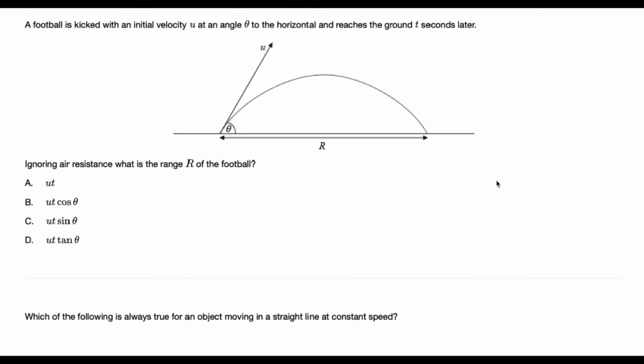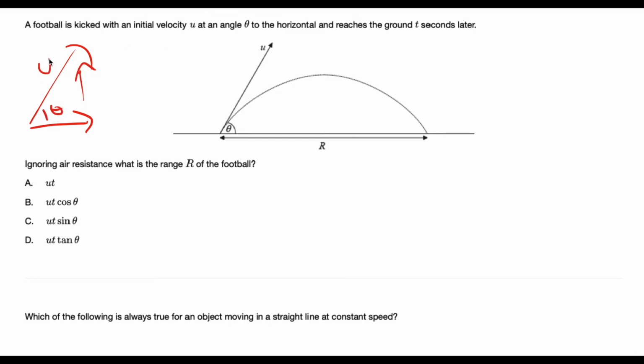A football is kicked with an initial velocity u at an angle theta to the horizontal and reaches the ground t seconds later, ignoring air resistance. What's the range of the football? We know that the horizontal velocity remains constant during projectile motion.